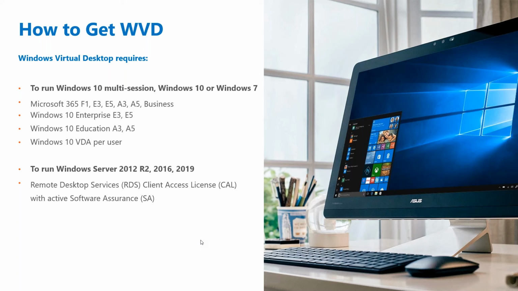And with Windows Server 2012, you do need the CAL for that, right? Yes, you do. Okay. You need a client access license and you need software assurance for the operating system. Okay. So there are two modes here that they launched this as: Windows Virtual Desktop, Windows 10, or Windows Virtual Desktop RDS 2016.